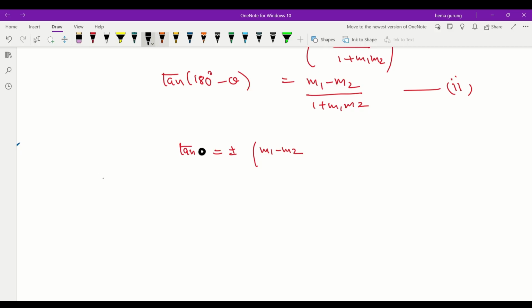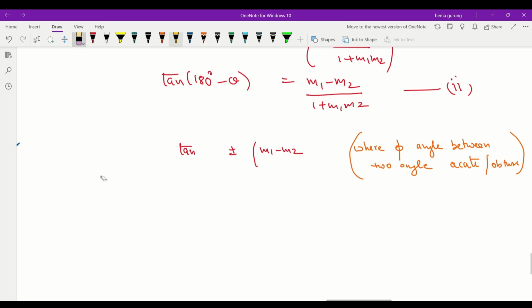Let's keep phi, where phi represents the angle between two lines. It can be acute, it can be obtuse. So I'm keeping both positive and negative. This is phi.